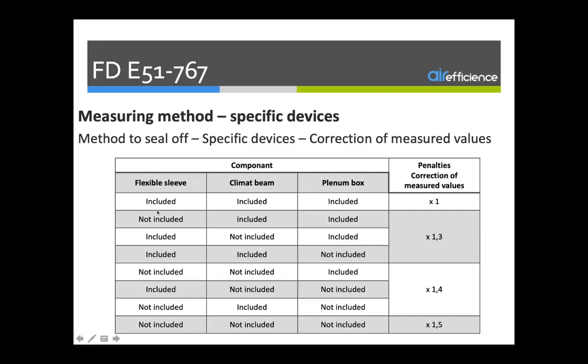If the 3 types of components are included, there's no penalty. But if one of these components is not included, for example, on this line, the flexible sleeve is not included, but climate beam and plenum box are included, there is a correction of the measured value.